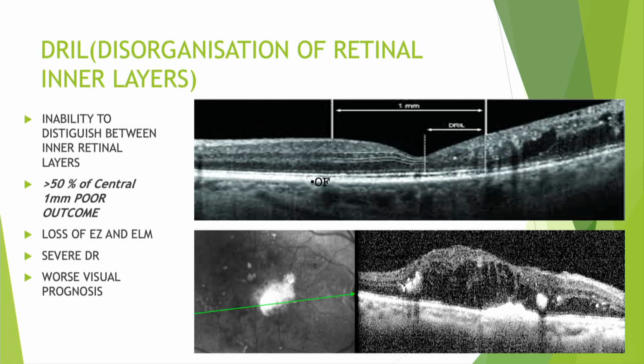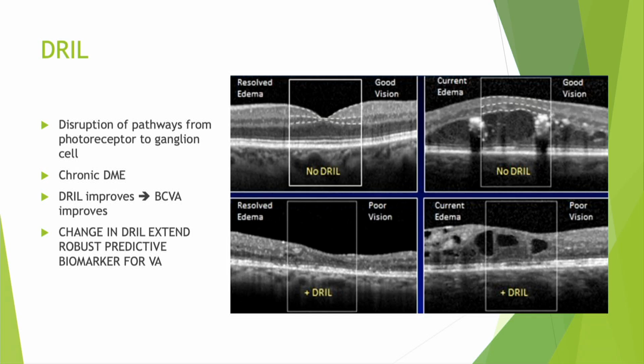The horizontal extent of DRIL is measured in microns, and when DRIL occupies more than 50% of the central 1 millimeter zone, it is associated with a poor visual acuity. It is often seen in severe forms of diabetic retinopathy associated with loss of outer retinal layers as well, and usually has a poor visual prognosis. Like in this patient where DRIL was present, even though the anatomical response to the anti-VEGF therapy could be good, the visual response is suboptimal.